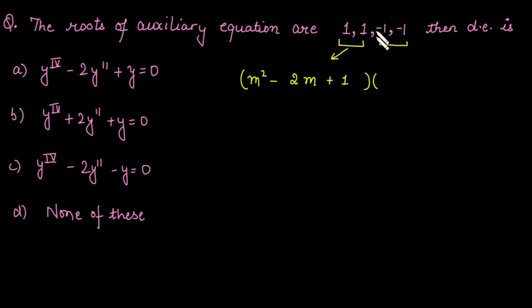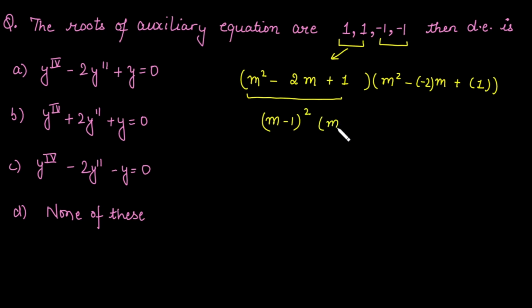In the other case, it is m square minus (sum) m plus some constant. What is the sum of this one? Minus 2. What is the product of this one? That is 1. Simplify this. This is m square minus 2m plus 1. If you observe, this is equal to m minus 1 whole square. And in this case, it is m plus 1 whole square.